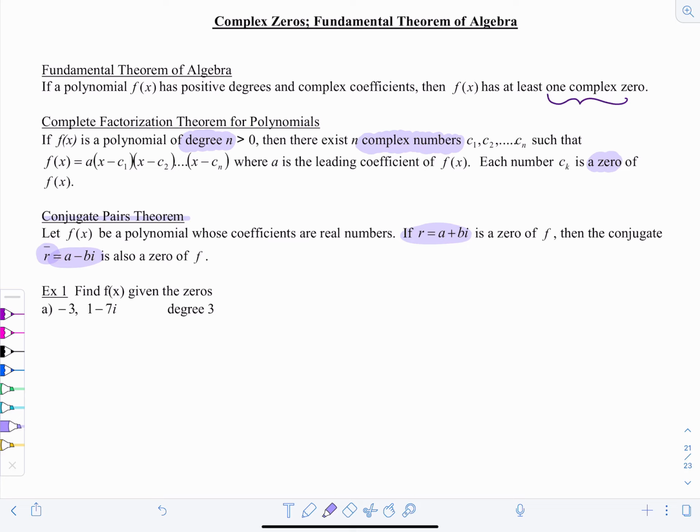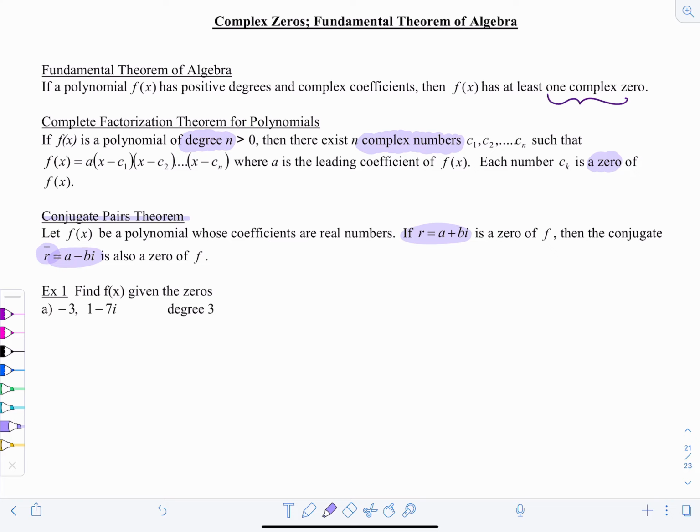So conjugate zeros go everywhere in pairs, like little penguins. That's why when we did Descartes' rule of signs, when you were finding the max number of positive or negative solutions, you kept subtracting multiples of 2 to allow for the fact that you might have pairs of complex solutions in there.